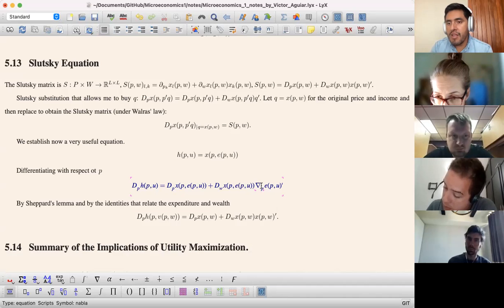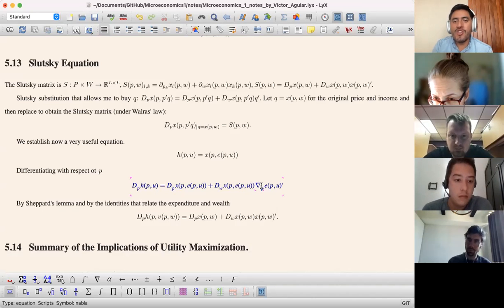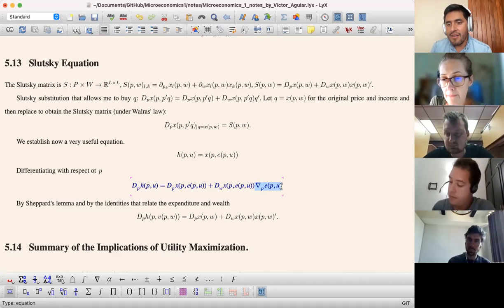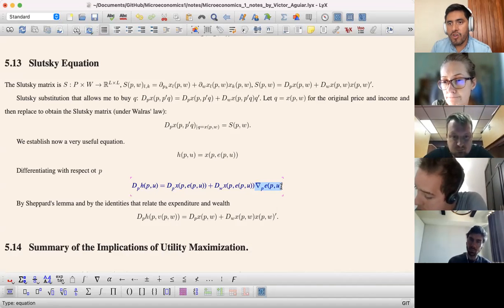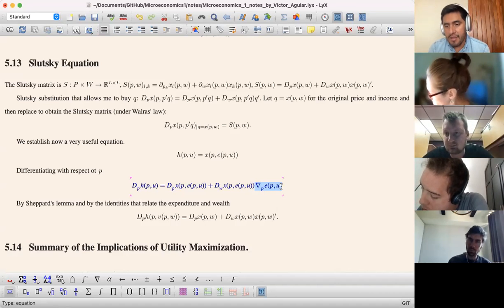And what is the derivative of the expenditure? It is the gradient of the expenditure. That's the chain rule. Now, apply Shepard's lemma. Shepard's lemma tells me that the gradient of the expenditure is the Hicksian, so it's the demand vector.